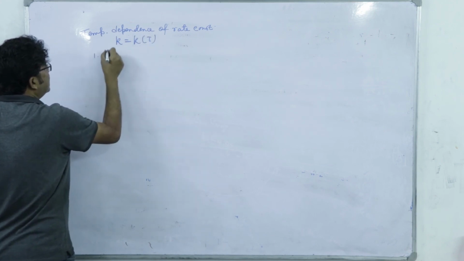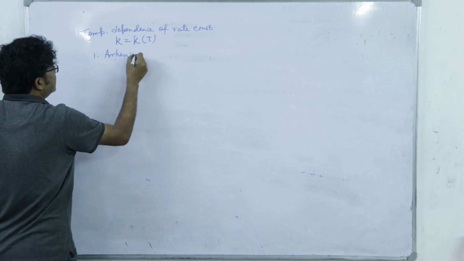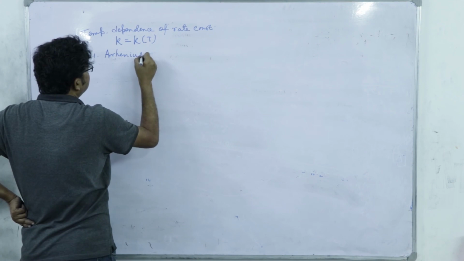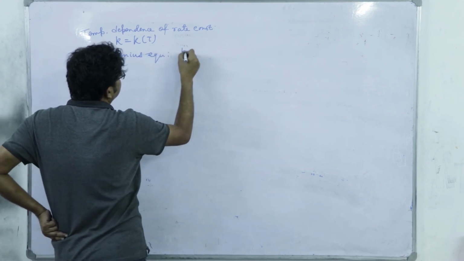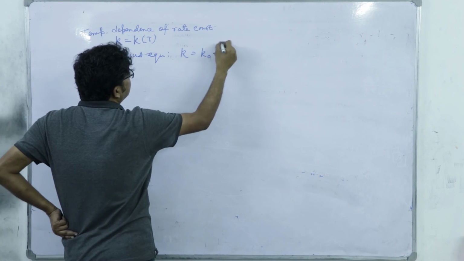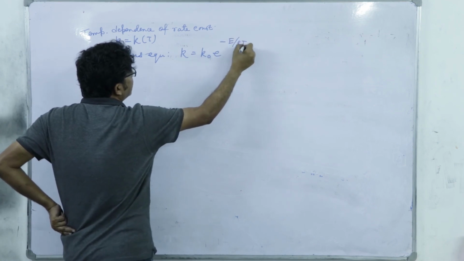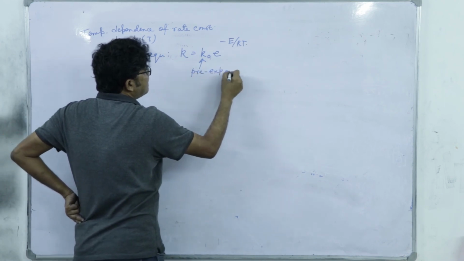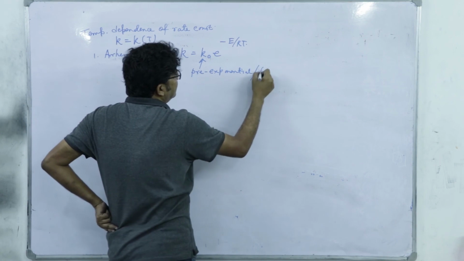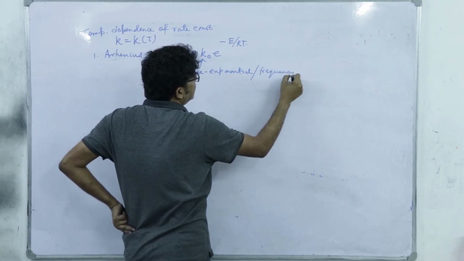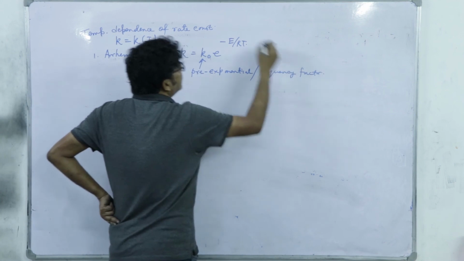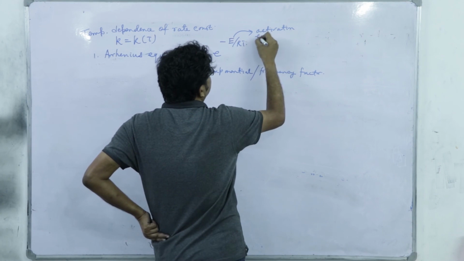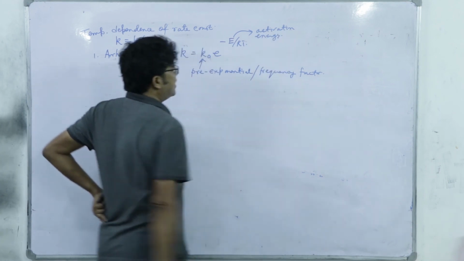So, the first model, the Arrhenius equation, states that K equal to K naught into e to the power minus E by RT, where K naught is the pre-exponential or frequency factor and E is the activation energy for a reaction.